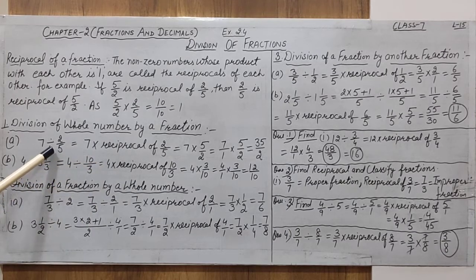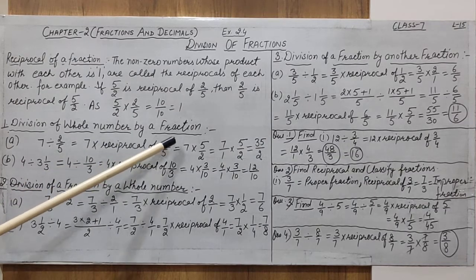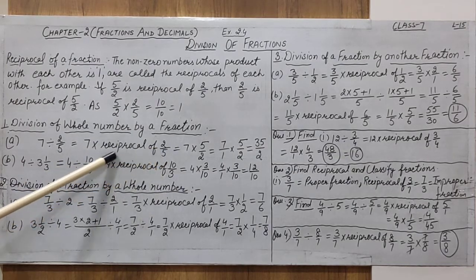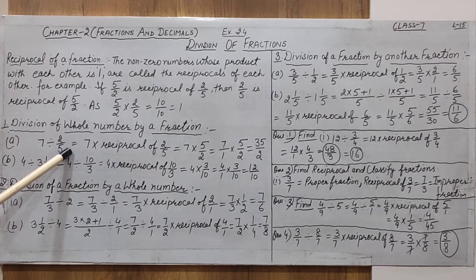So we have to change this division into multiplication, but the condition is that we have to write the reciprocal of 2 by 5 at the second place. That is, the number which is at the second place, we have to write its reciprocal with the multiplication sign.